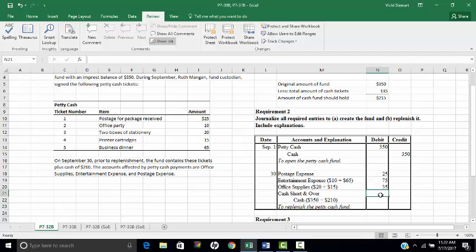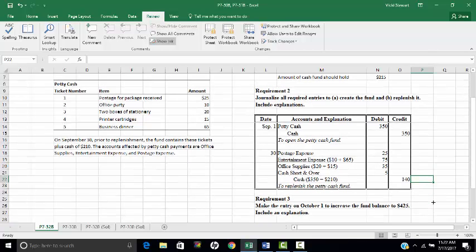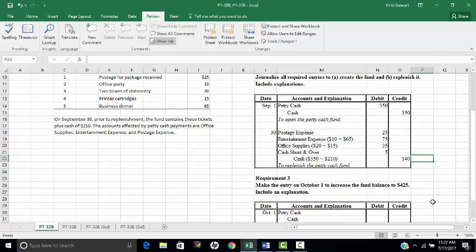However, remember when we counted the cash, we're short $5, so we debit cash short and over for the $5, and then we credit cash for the amount that is required to be able to replenish the fund, which is $140. We would take that check to the bank, we would cash it, and we would put the $140 back in the fund to restore it back to its original amount of $350 to start the next month.